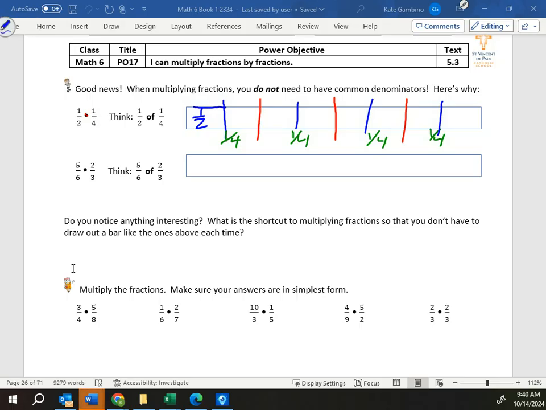So if I have 1/2 of 1/4, how many pieces do I have? If this is what I get, 1/2 of that 1/4, how would I figure that out, Bridget? How many sections are there all together when I cut up those fourths into halves? How many sections do I have? I have 8. I have 1, 2, 3, 4, 5, 6, 7, 8. So my final answer is out of 8 sections. How many of those sections did I get?